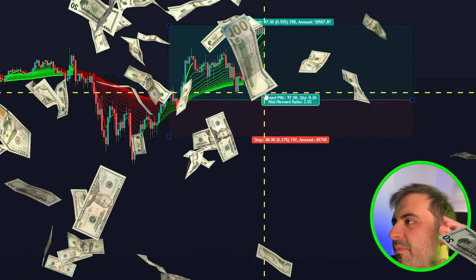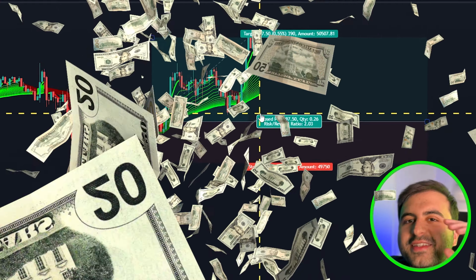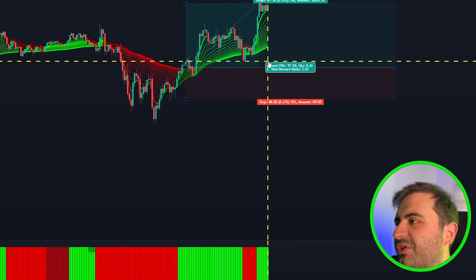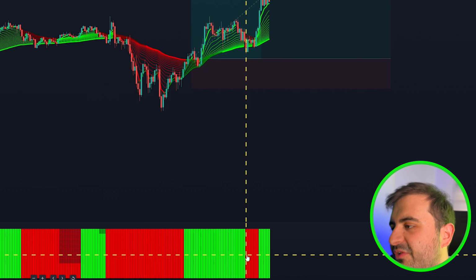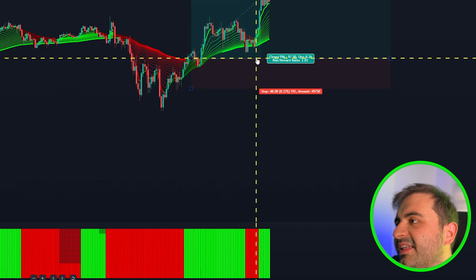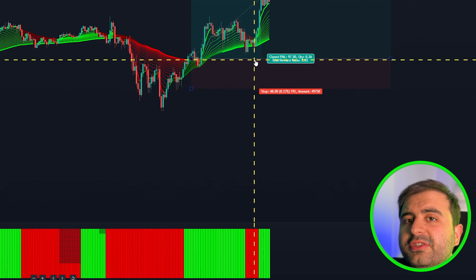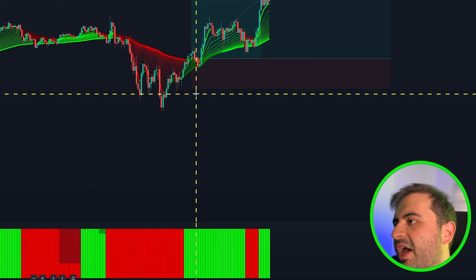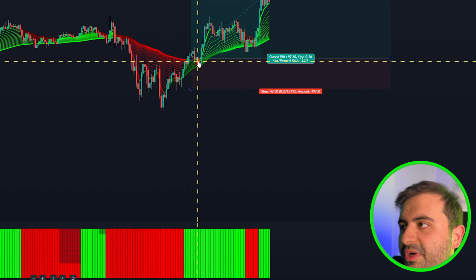If you hold your position, your target has been reached, but as I said, if you want to keep it low risk, you can close out when you get a bearish signal from the Donchian Trend Ribbon. But don't forget that it's a 100% win anyway, because we have closed half of the position at the 1-to-1 risk reward ratio, and we moved our stop loss to break even, right?